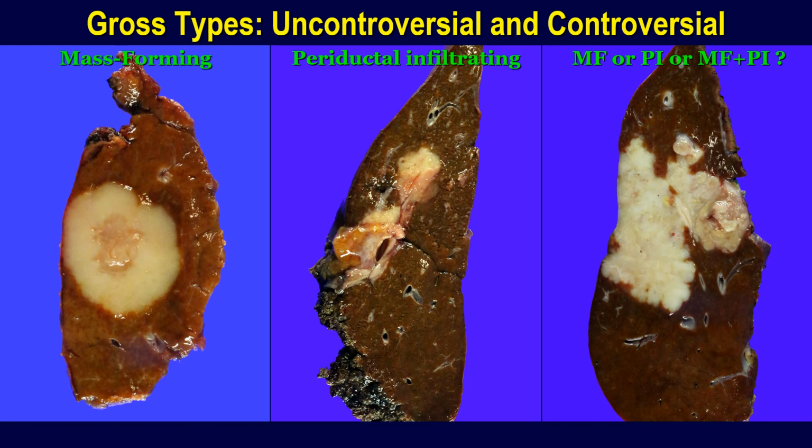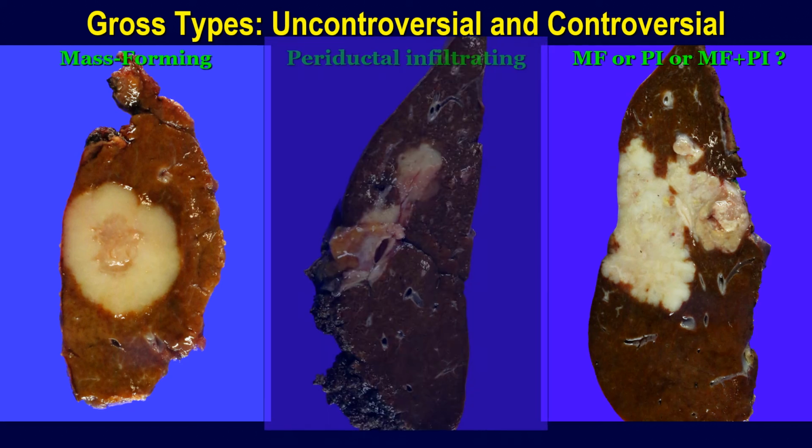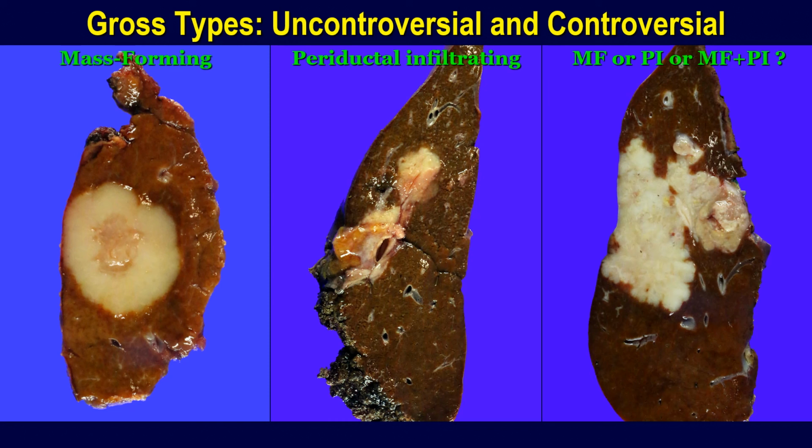So, when this tumor is included in the periductal infiltrating tumor, the whole periductal infiltrating type tumors may be characterized by advanced or poor prognostic type. However, when only the pure form, as in the middle, is considered as periductal infiltrating type, the periductal infiltrating type tumor may represent small and uncommon tumor with better prognosis.